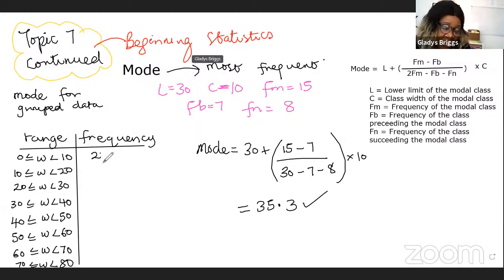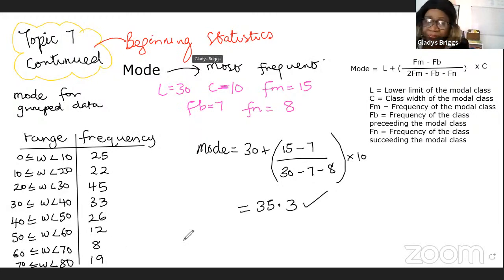So this is 22, this is, sorry, this is 25, 22, 45, 33, 26, 12, 8, and 19. So guys, have a go at this one for me. Let me have a look at your work and see what's happening while you're doing it.